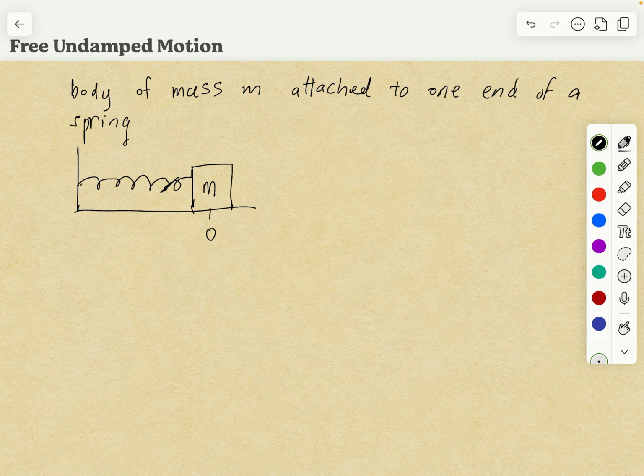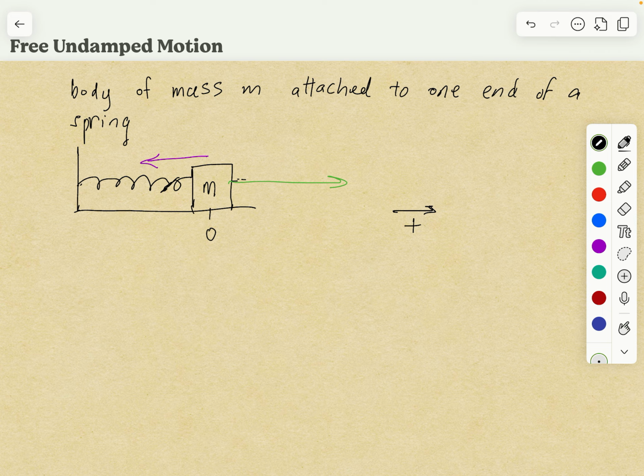So you can either pull the object that way to the right. Let's make that direction positive. Or you can push the object against the spring in the other direction.